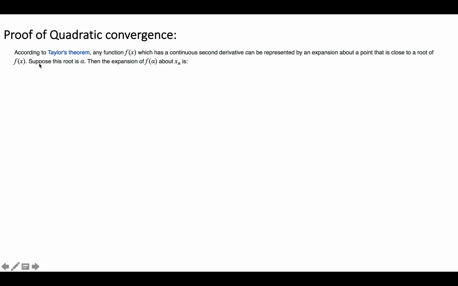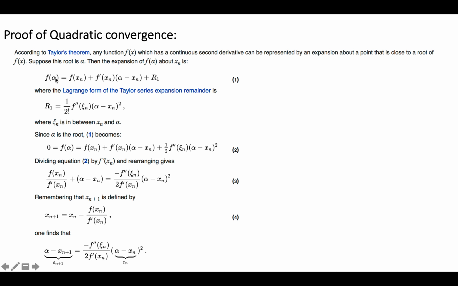Suppose the root of this function is alpha, then the expansion of f(alpha) about xn is f(alpha) equal to f(xn) plus f prime(xn) into (alpha minus xn) plus higher order terms R1, where the Lagrange form of the Taylor series expansion remainder R1 is equal to 1 by 2 factorial f double prime as a function of en multiplied by (alpha minus xn) squared.